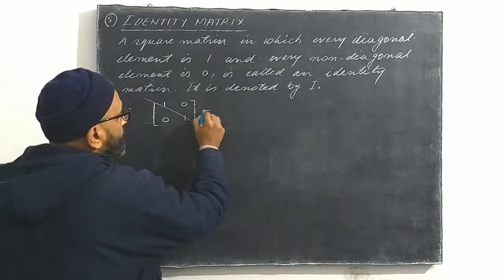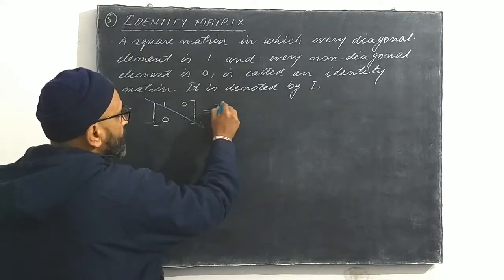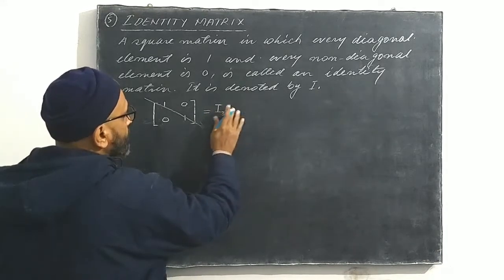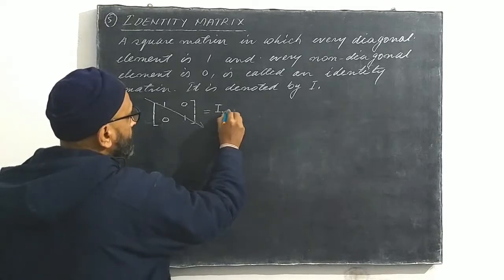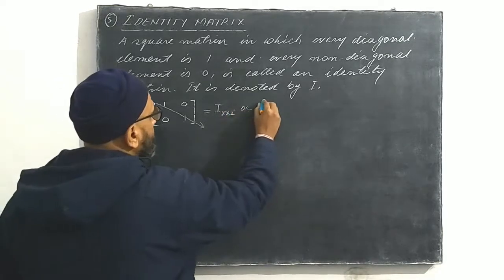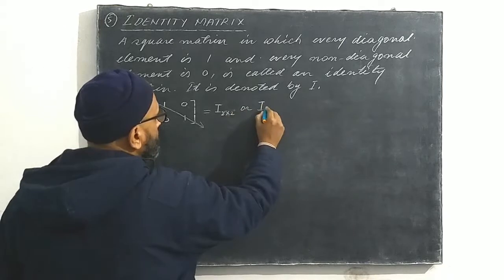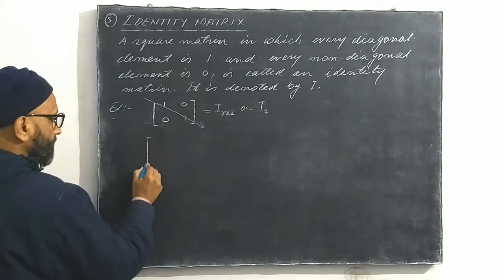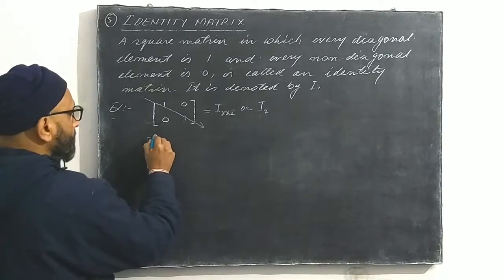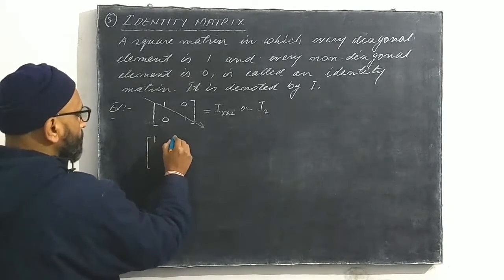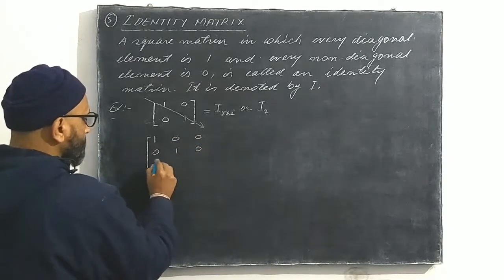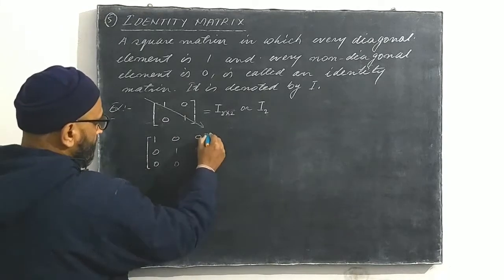And this is the identity matrix of 2 by 2 order, which is generally denoted by capital I suffix 2 by 2, or simply capital I 2. The identity matrix of 3 by 3 order is written as 1 0 0, 0 1 0, 0 0 1.